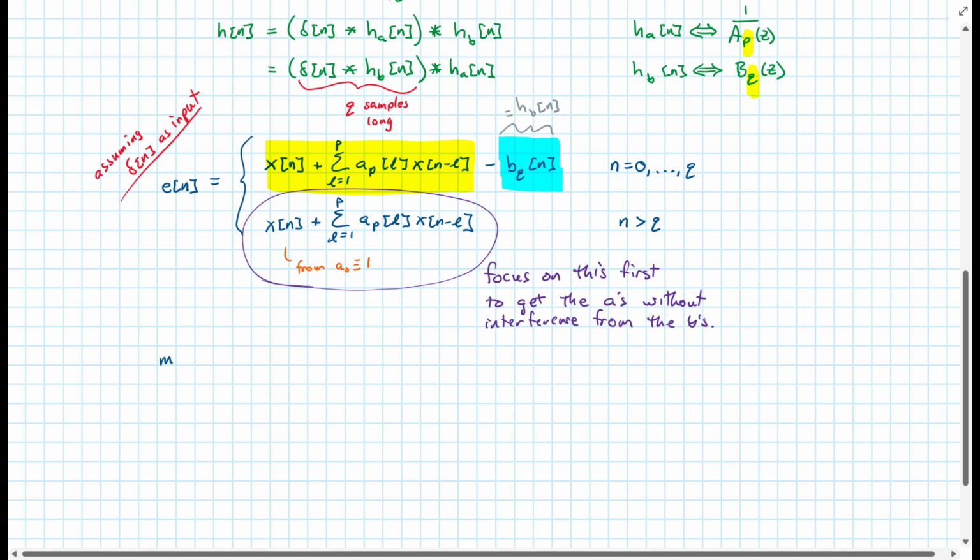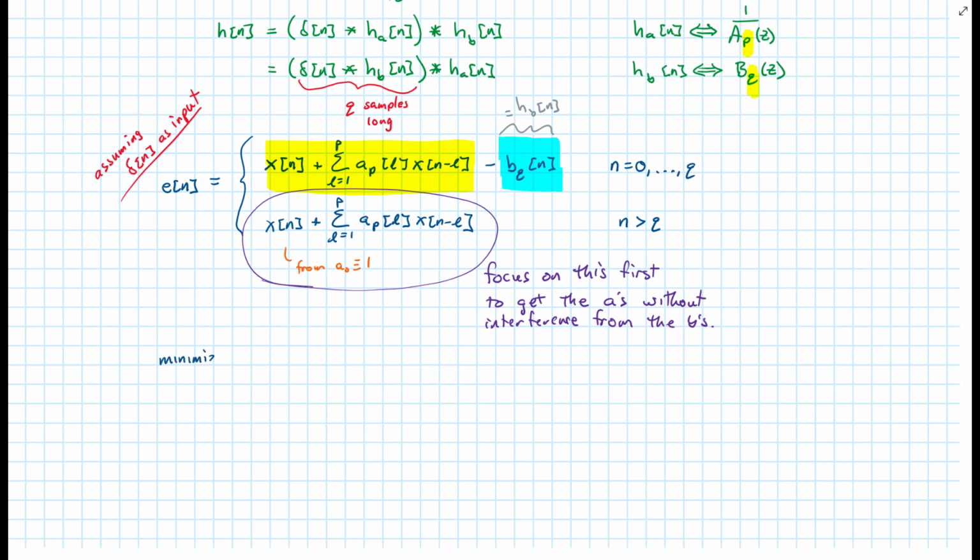We will minimize the sum from n equals q plus 1 to infinity of e of n squared with respect to our A coefficients.